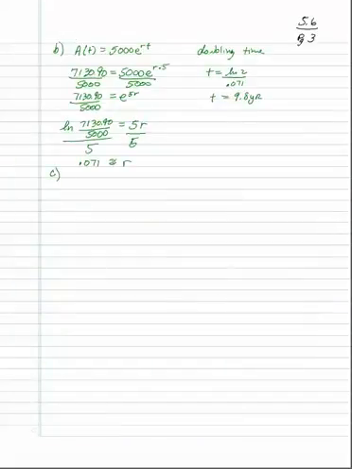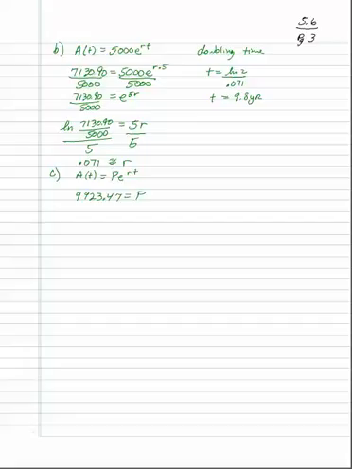Okay, so now let's try C. We're given the interest rate is 5.6%. So A of t equals P e to the rt, and we're going to put 5.6%, and the amount after 5 years is 9,923.47.